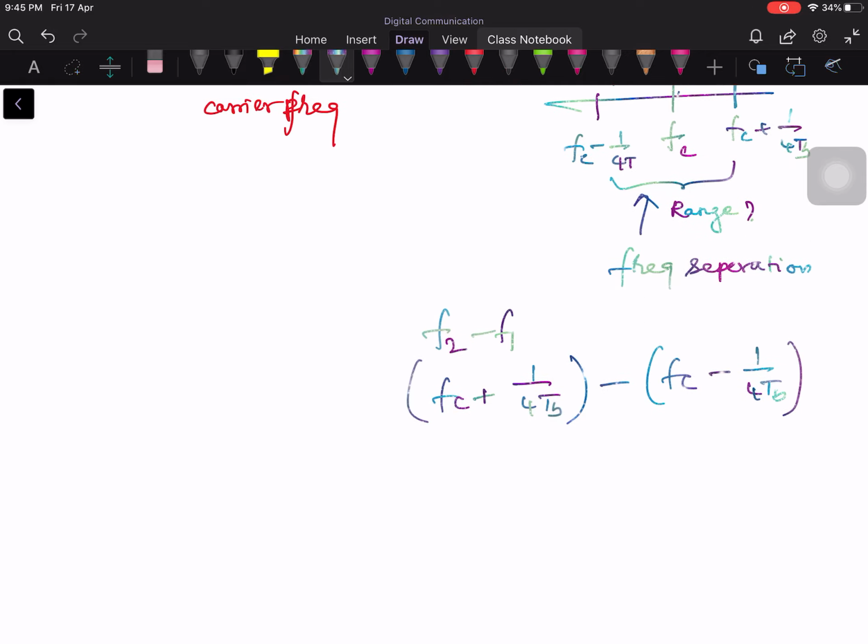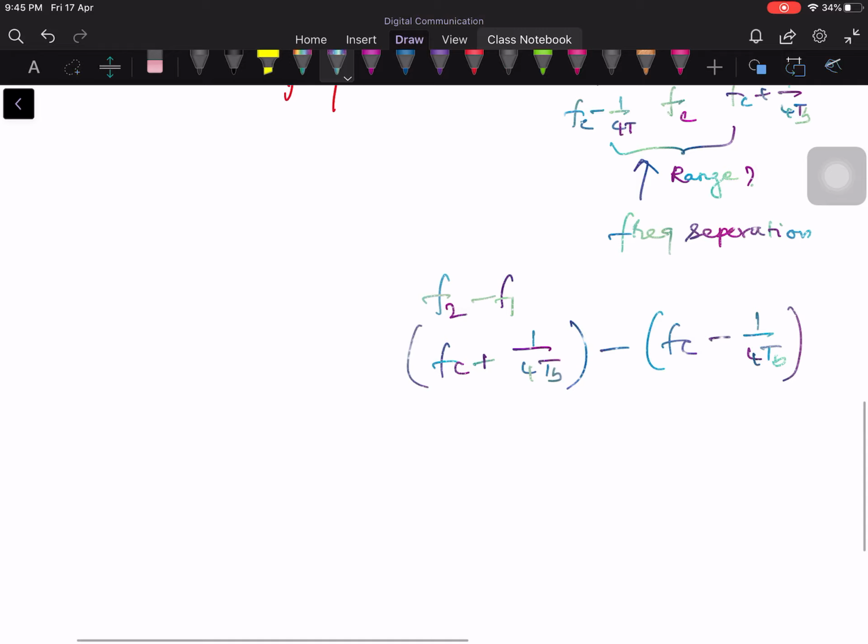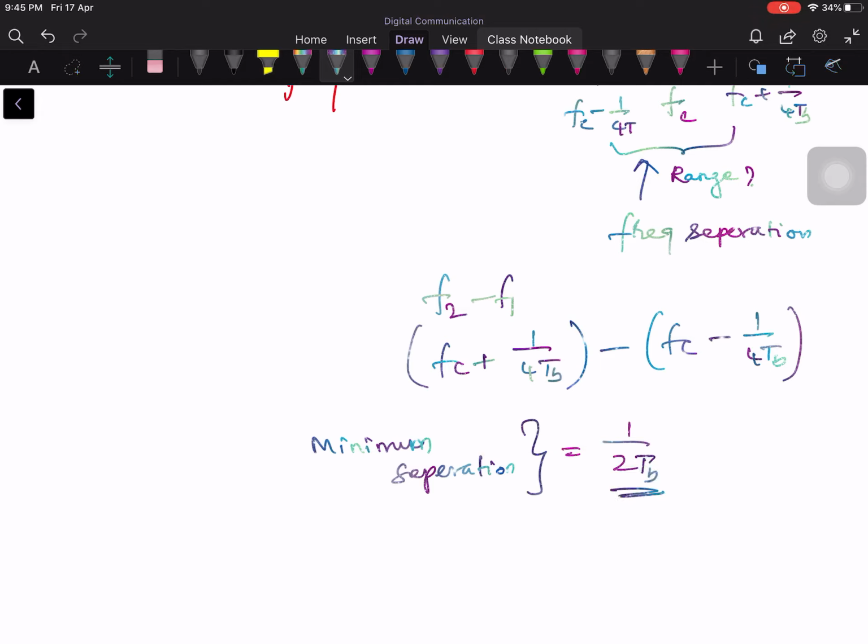So the minimum frequency separation between the two frequencies is equal to 1 by 2 TB. It can be shown that this is the minimum separation between the two sinusoidal or quasi-sinusoidal waveforms which will be mutually orthogonal.